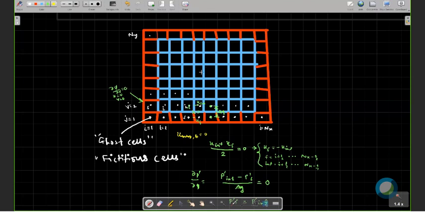Similarly, you apply this for other boundary conditions, like u equals 0, v equals 0, w equals 0, and del phi del x or del phi del y equals 0. So these two examples show how to implement boundary conditions. You can implement any other boundary condition similarly.